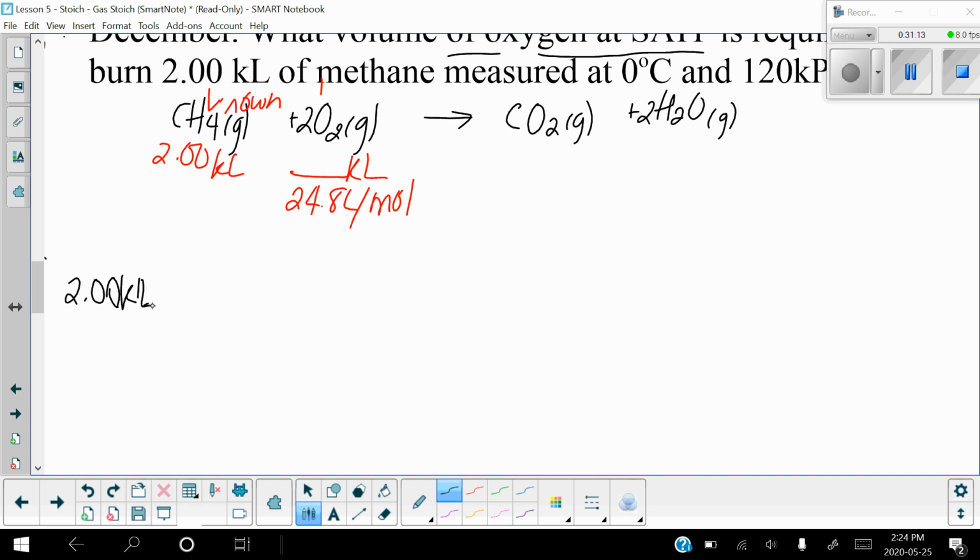Okay, let's start over. 2 kiloliters of methane. We need to convert this into moles. Since we have liters of gas, we need to be using molar volume. The molar volume is measured at 120 kilopascals and 0 degrees Celsius.